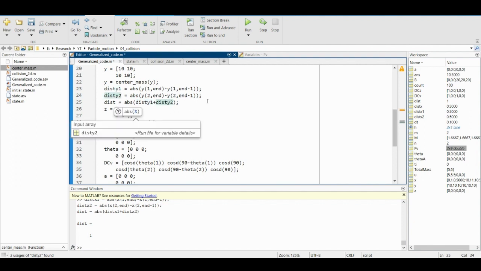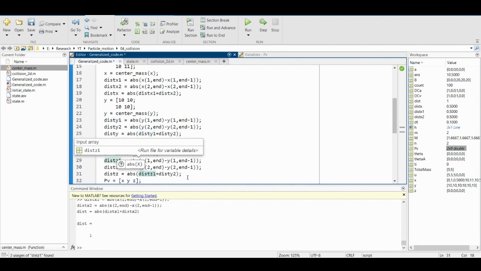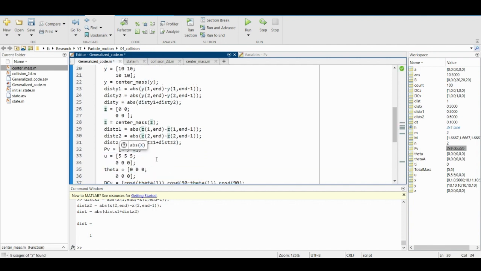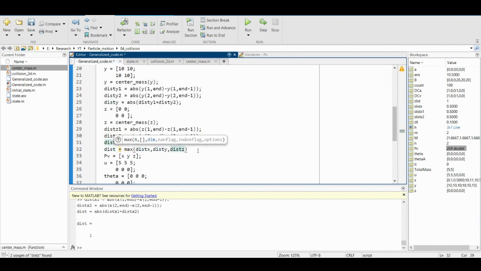Here, this one is a 0. dist x, dist y, and distance z. And I have to go for dist is equivalent to maximum of dist x comma dist y comma maybe dist z.